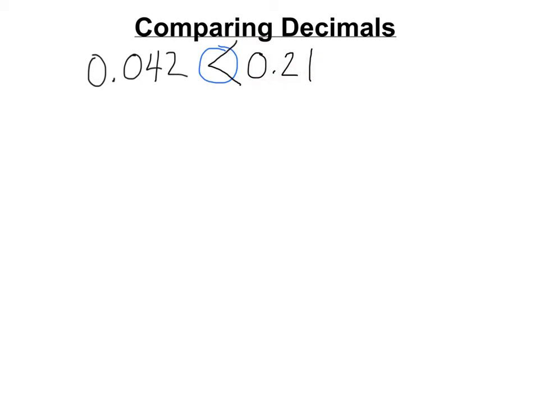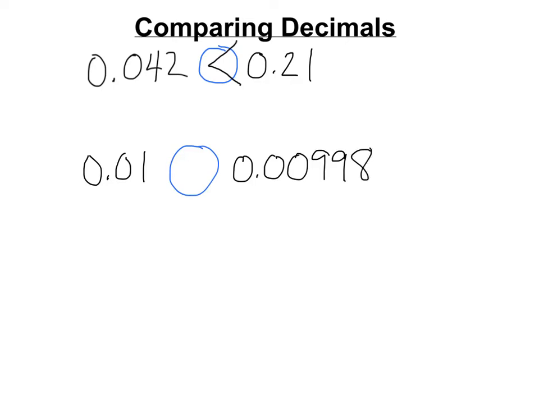Let's take a look at another example. 0.01, and we're going to compare that with 0.000998. At first glance, when we see just a 1 there, and then what looks like 998, we're tempted to assume that this number is bigger. But we can use a little trick to help us see that it's really not.